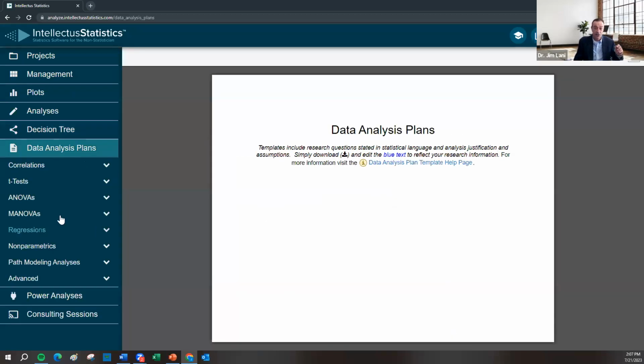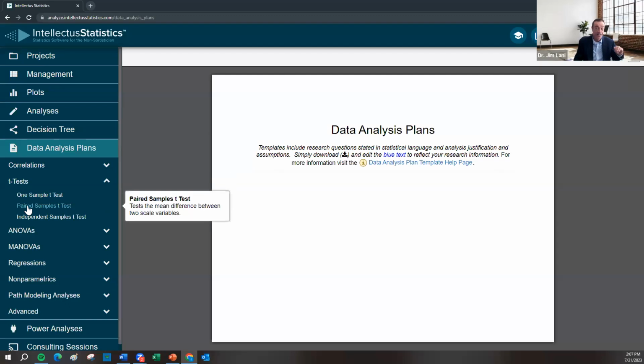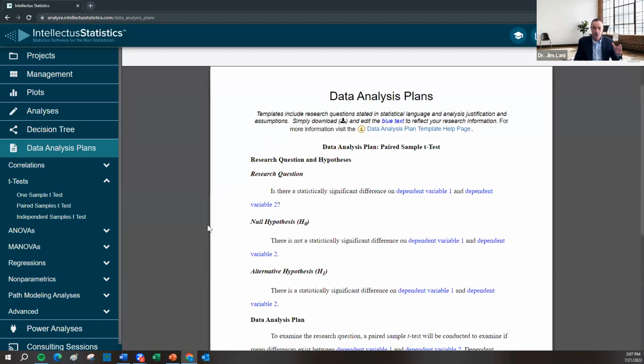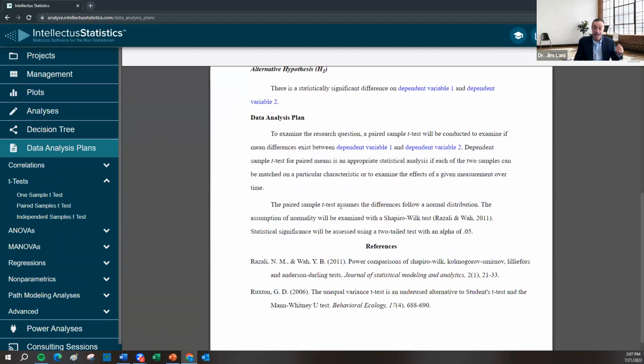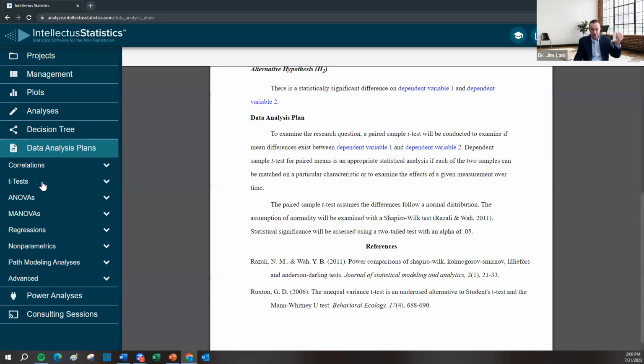Once I know I'm doing a t-test, when you're preparing your study for IRB and in your methodology section, you're going to need to know the assumptions of these tests. The data plans have templatized what the assumptions are, so you can download and edit this document to figure out the assumptions. So we know the test, we know the assumptions of the test, but the third part of that plan is how many individuals do we need?